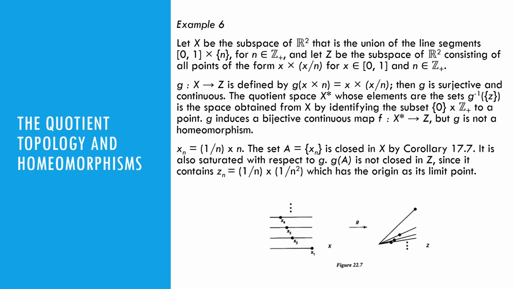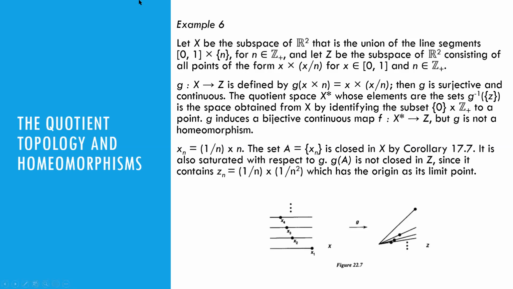Then basically X is the union of countably many disjoint line segments, and Z is the union of countably many line segments which start from the same point.